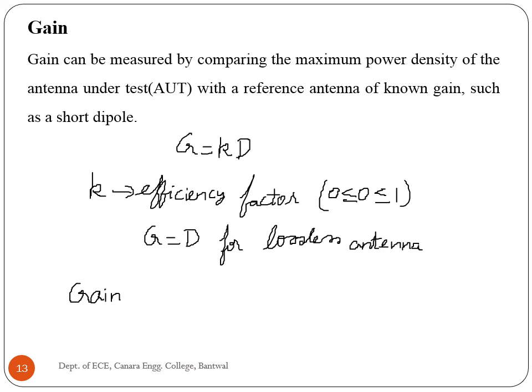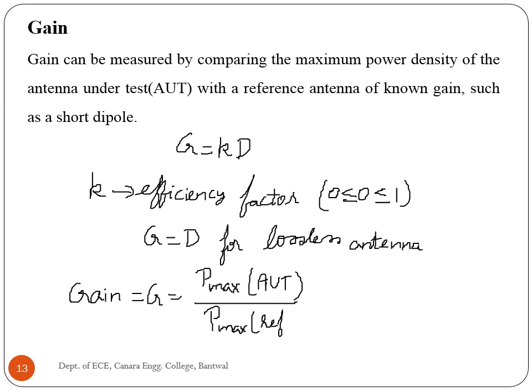Gain is equal to the maximum power of the under test antenna divided by the maximum power of the reference antenna, into the gain of the reference antenna.